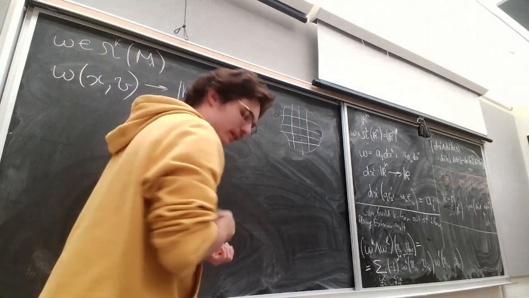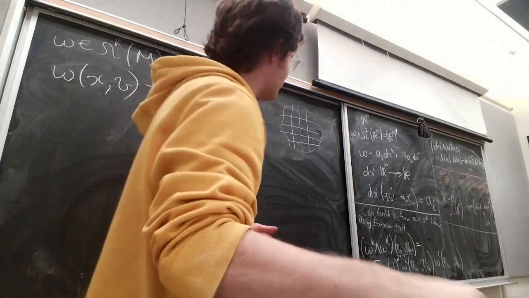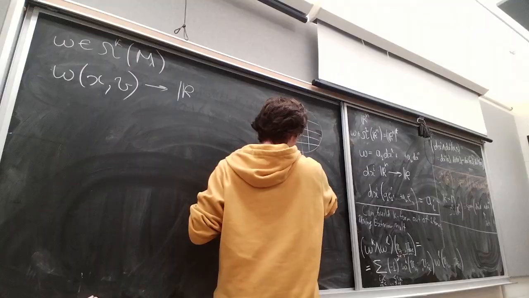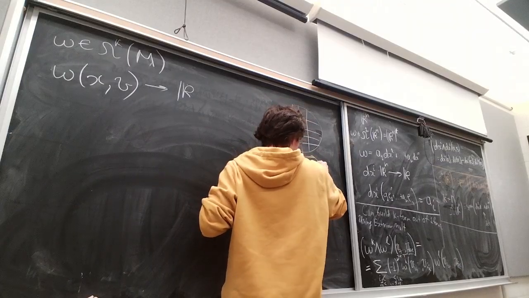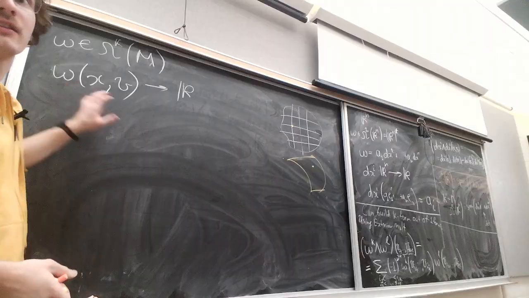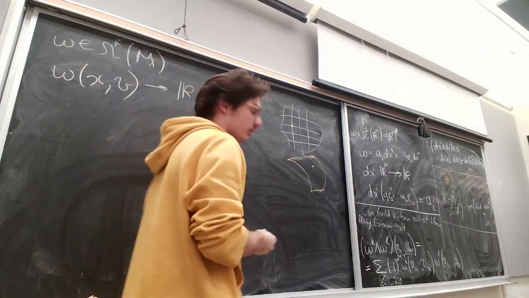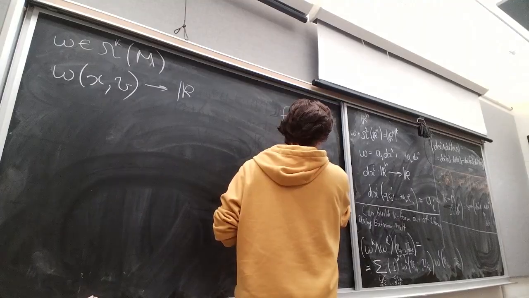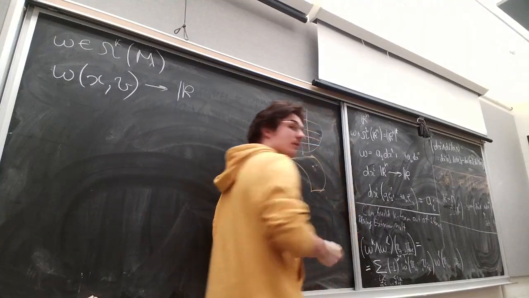So roughly what this is saying is, at every point on my manifold, whatever it is, I'm going to have a form that is going to tell me kind of how does volume work at this point. Do you agree?